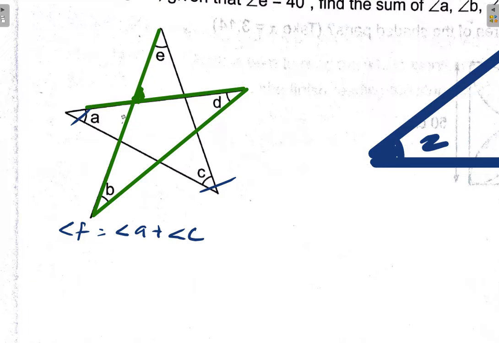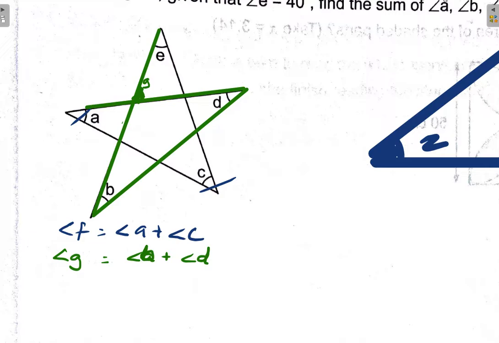You see this is one straight line, right? This is another angle, but it's equal to the sum of B and D. So the angle here is F, right? Then I put G here. Angle G will be equal to angle B plus angle D. Okay?